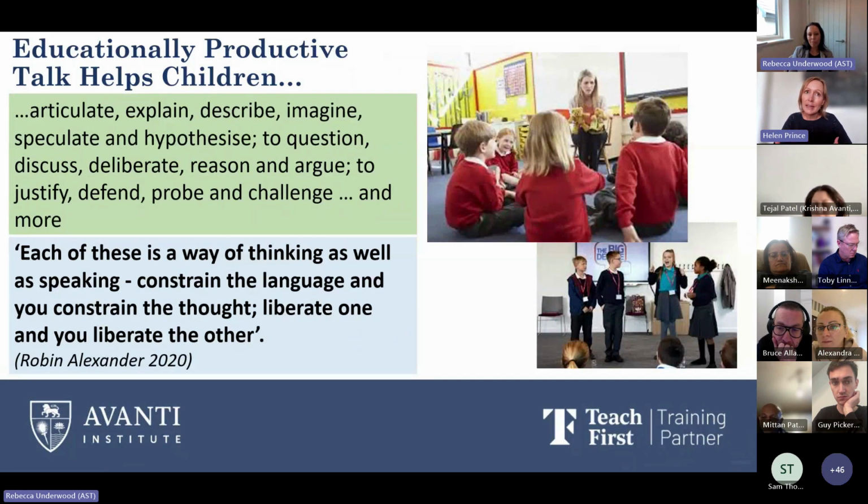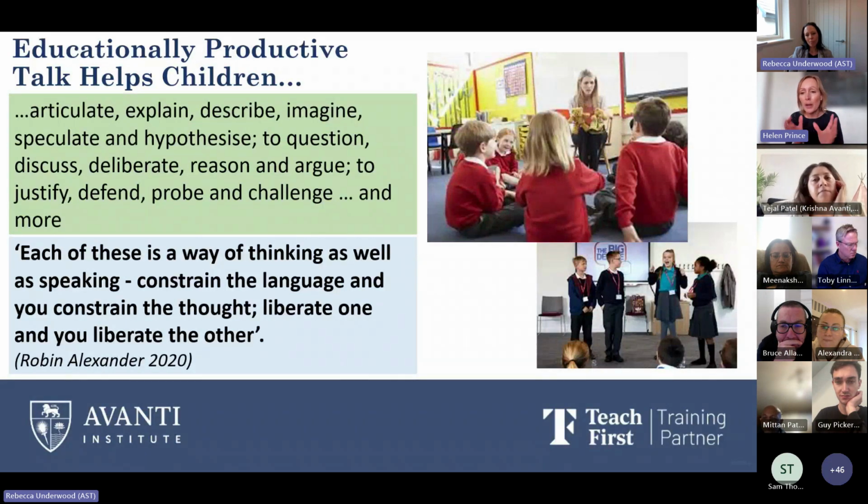And we have this incredible, uniquely powerful role as the teacher, because it might well be that our classroom is the only space where young people are talking in a productive, educational style.